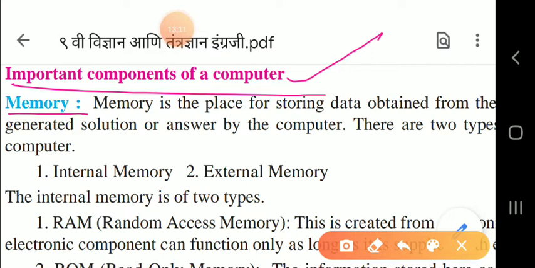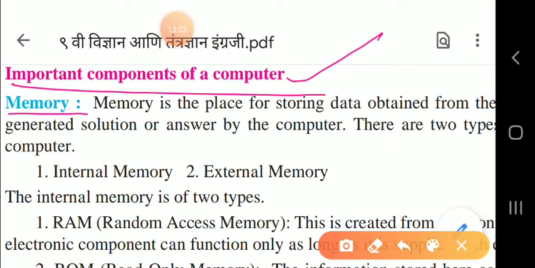And there are two types of memory in a computer. First is internal memory and second is external memory. Memory refers to a device that is used to store information for immediate use in a computer.